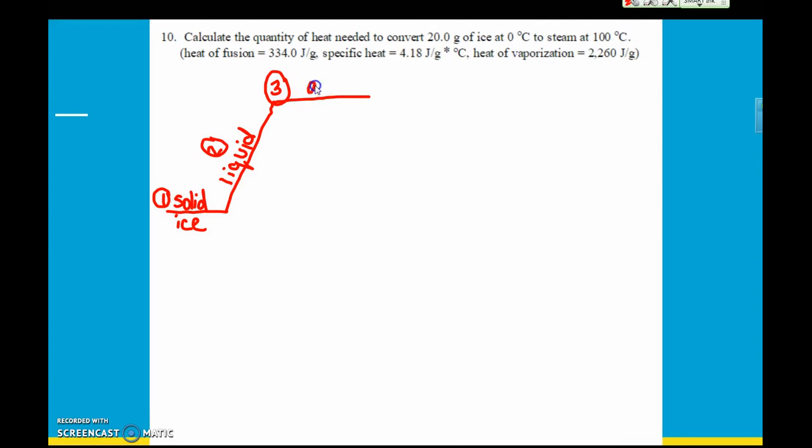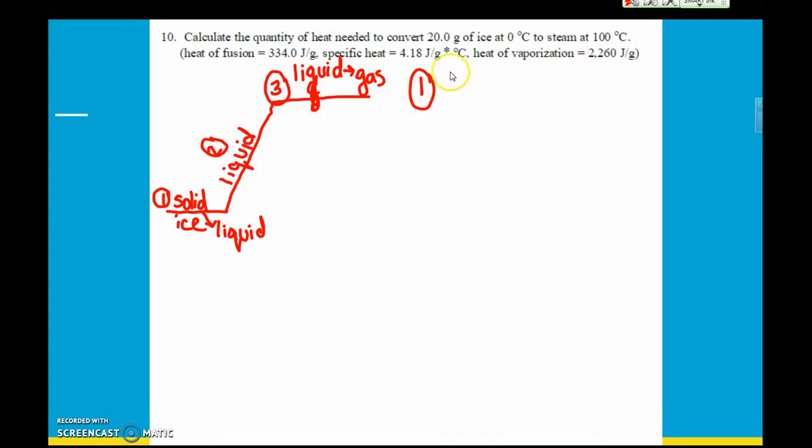And actually this is a phase change. It's solid to liquid. I should clarify that. And this is another phase change. This is where you go from liquid to gas. So you actually have both phases present at that time.